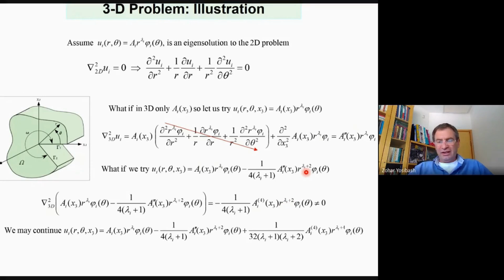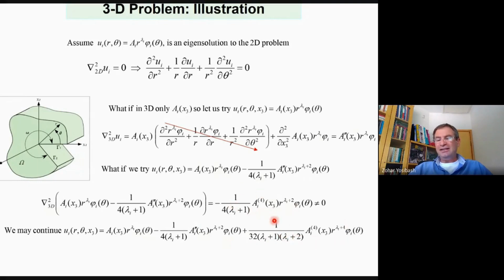And I say, okay, I notice that when I take two terms in my solution, namely this term and this term, the remainder is the fourth order already, and I increase the power of r to the lambda I by 2. So now I ask myself, maybe I add not only the first and the second term, let us add a third term, and maybe this term will eliminate that.